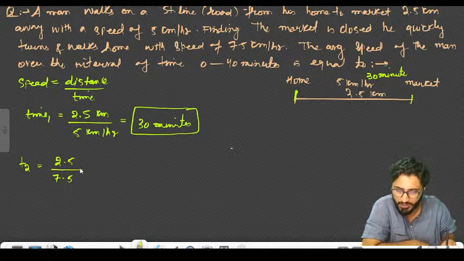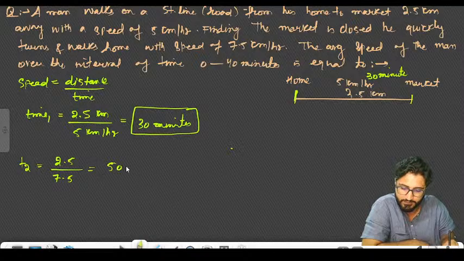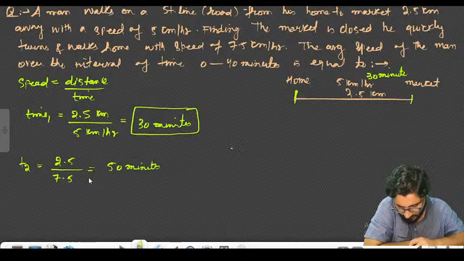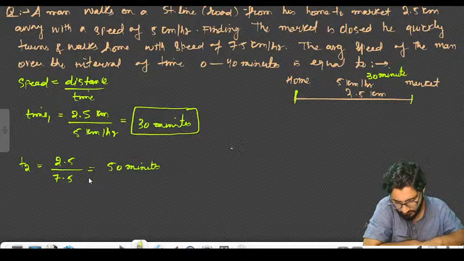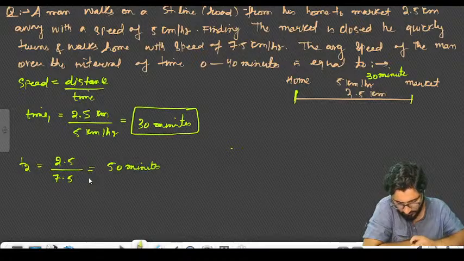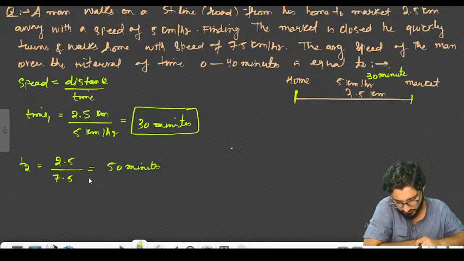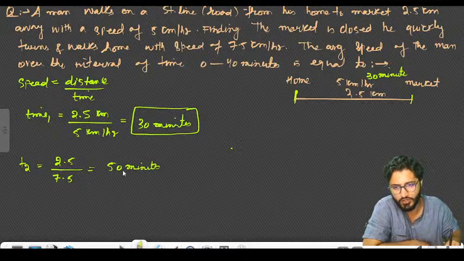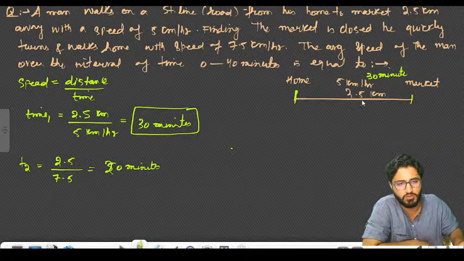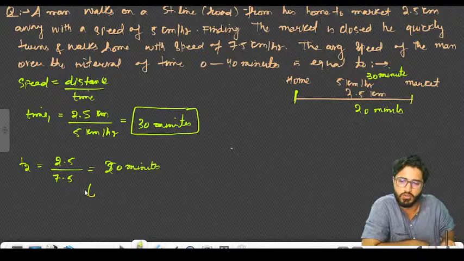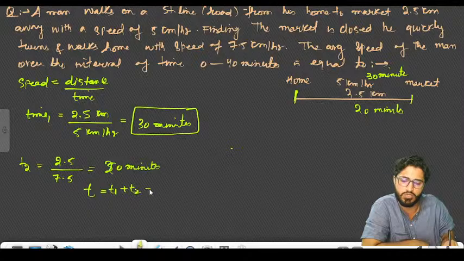So you will find 20 minutes. So 30 and 20 minutes. Whole journey total time is T1 plus T2. So the whole journey came out to be 30 plus 20, it gives 50 minutes.